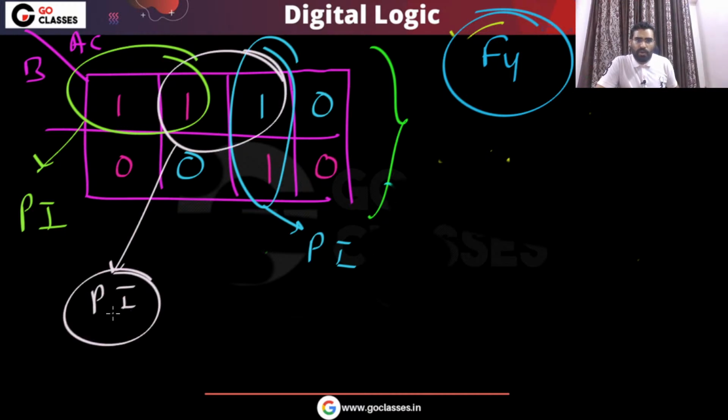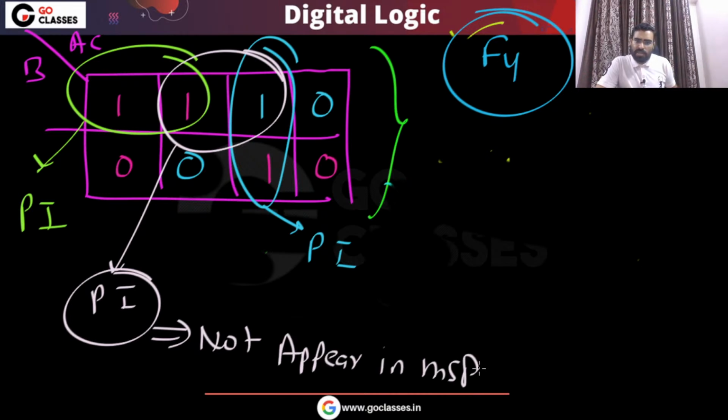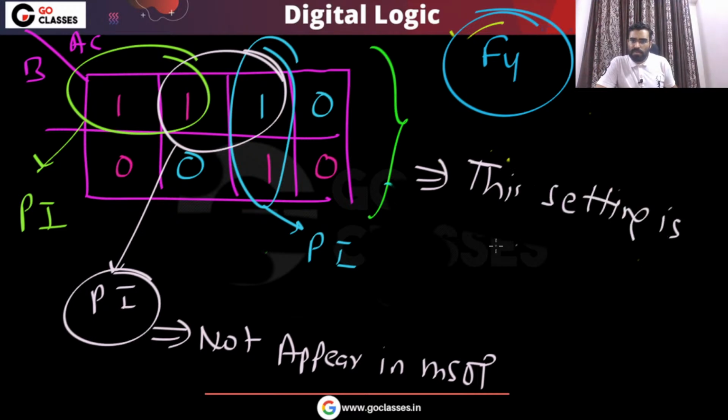But this PI will not appear in the minimum SOP. So this setting is correct for F4.